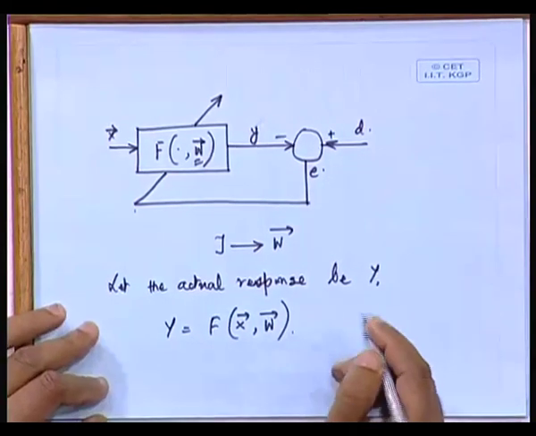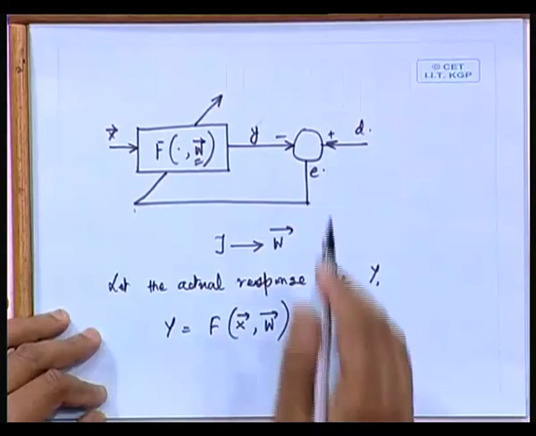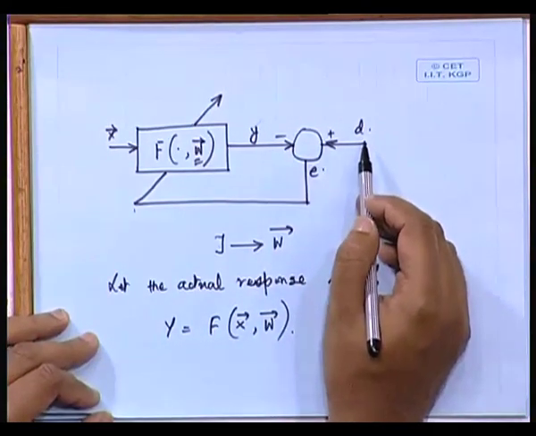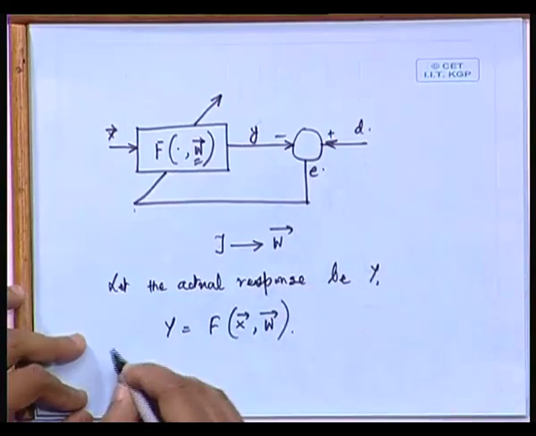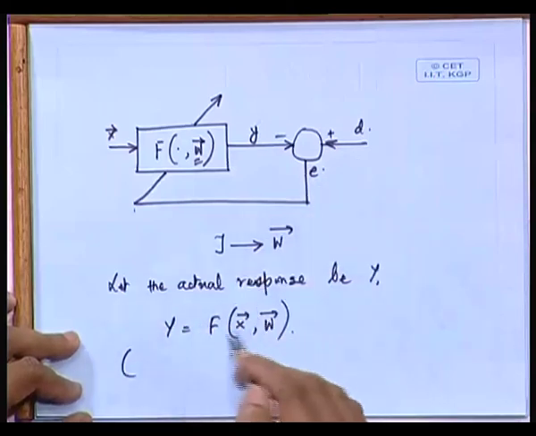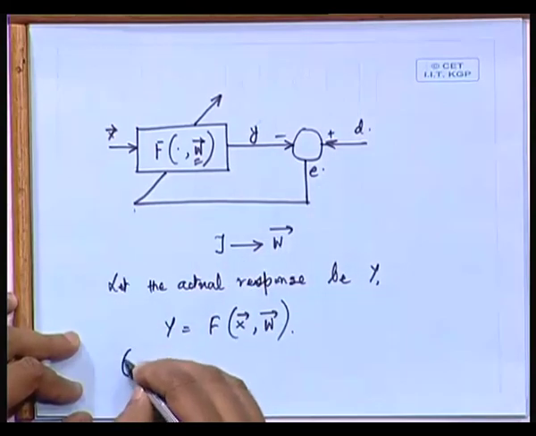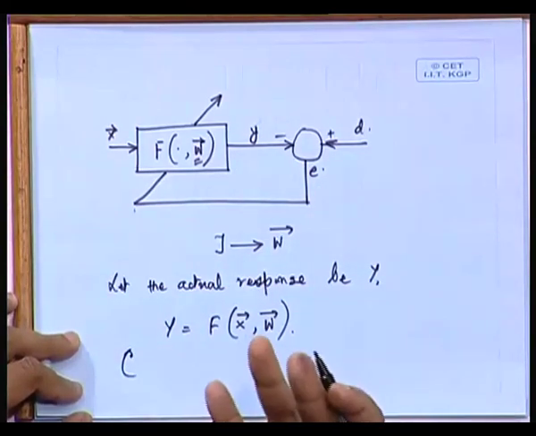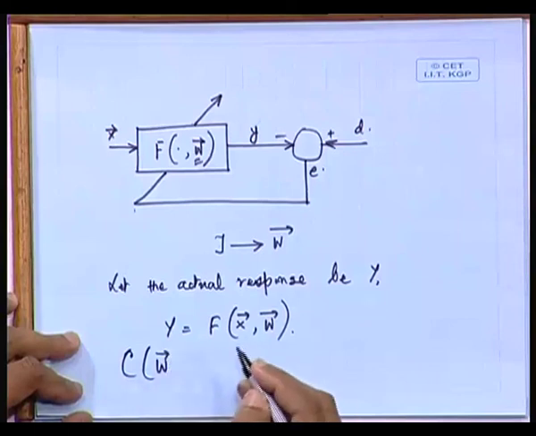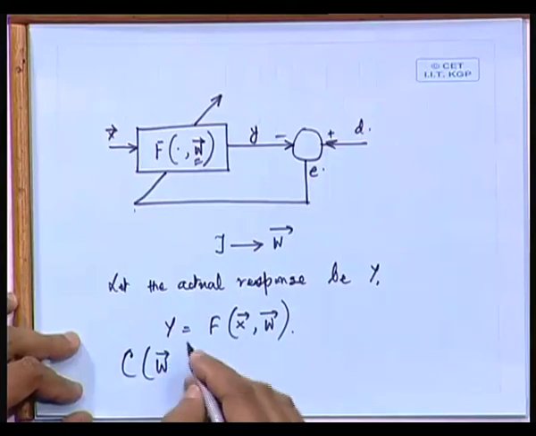Now, we already have d as the desired response. So we can calculate the deviation between the desired and the actual, and in fact, I think we did this in our first one or two lectures, where we found the sum of the squared errors.